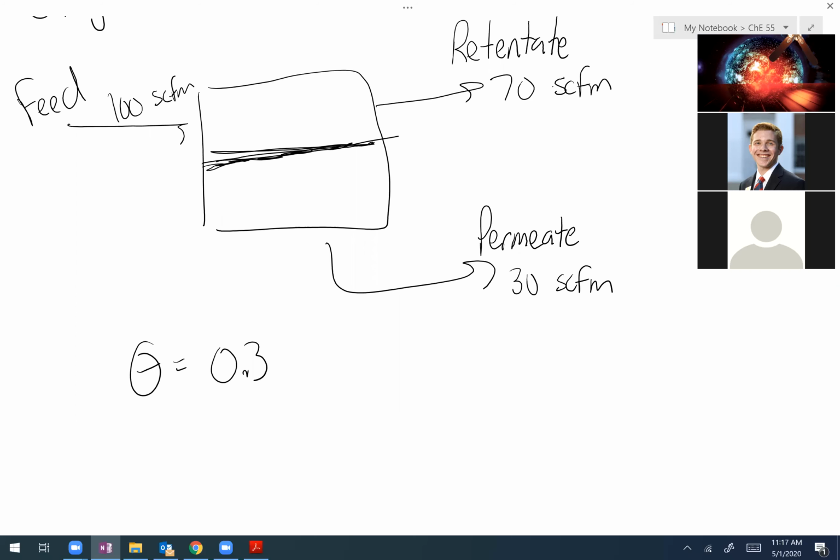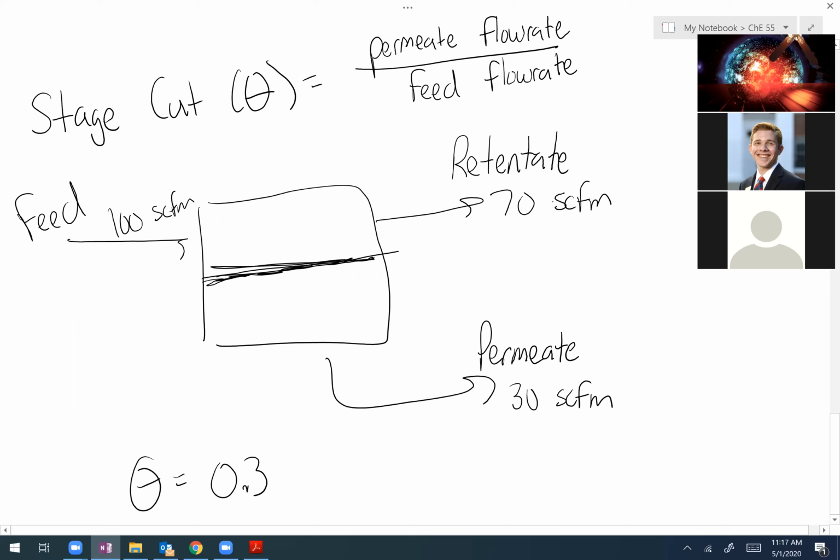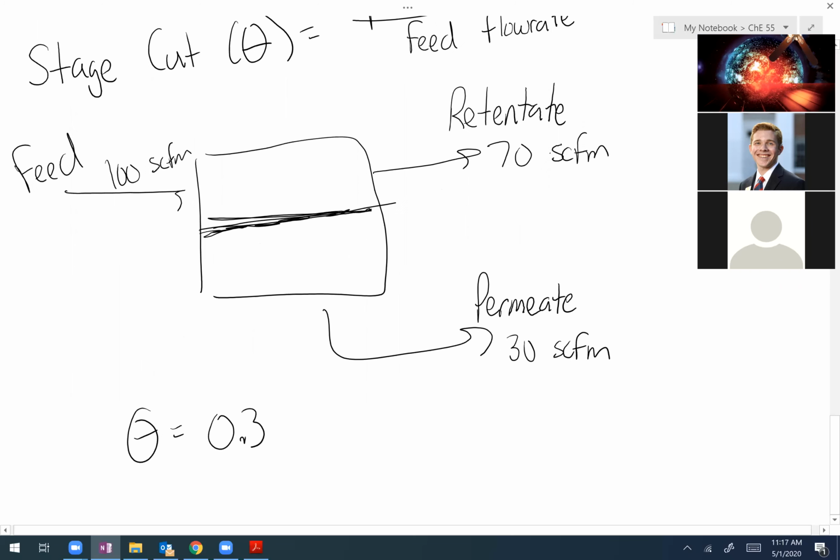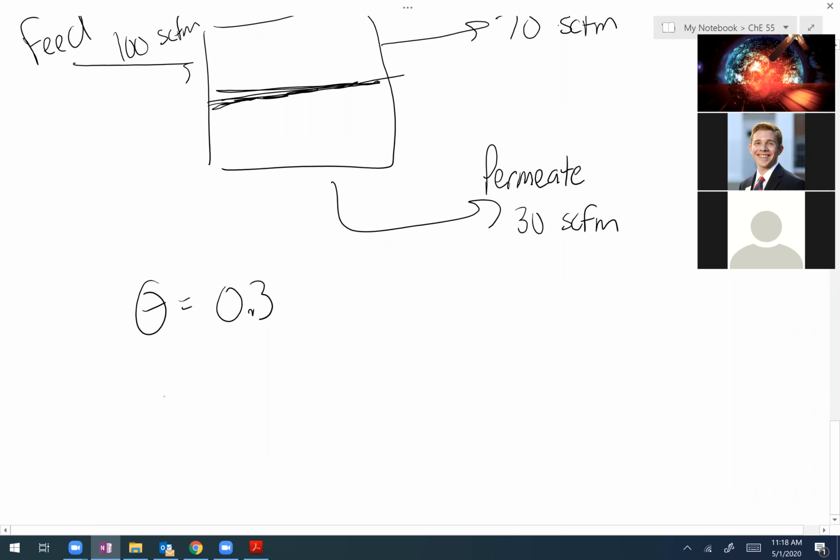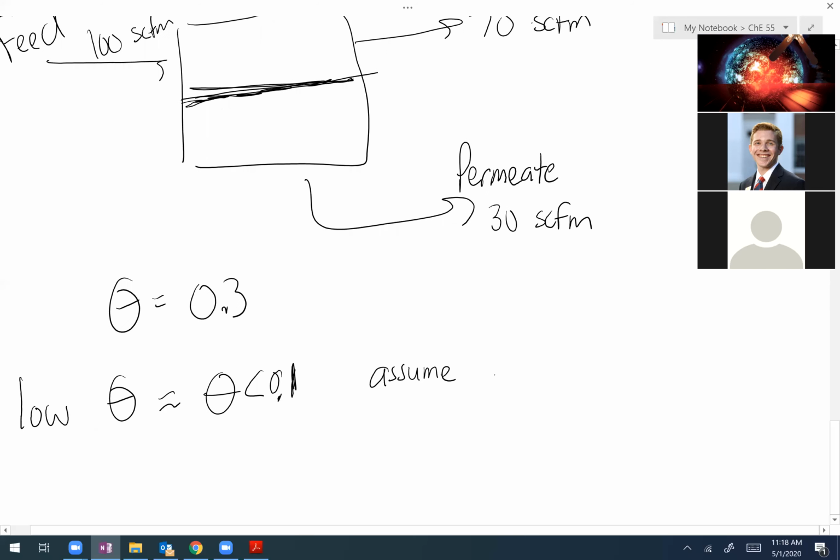And it influences some of the assumptions we make, primarily when it comes to the driving force of our process. If we have a low stage cut, which is typically less than, I would say, 0.1, 10% or less, we can assume that C_i naught and C_i in the retentate are about the same.